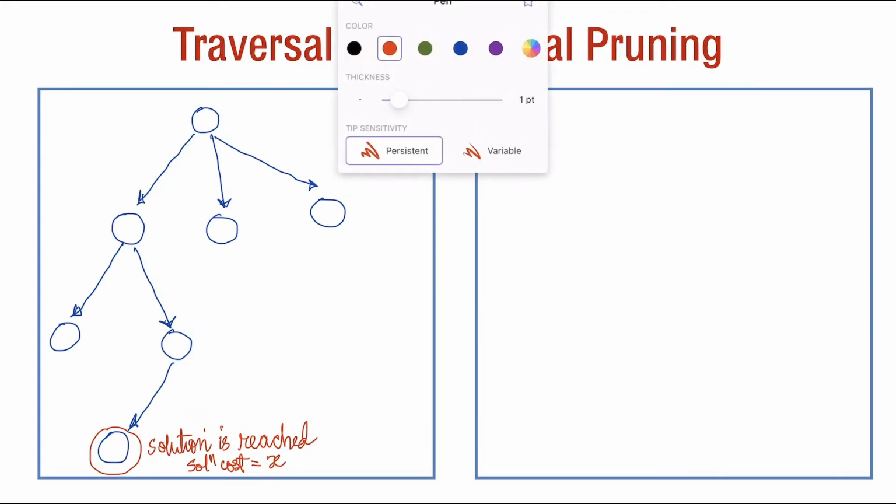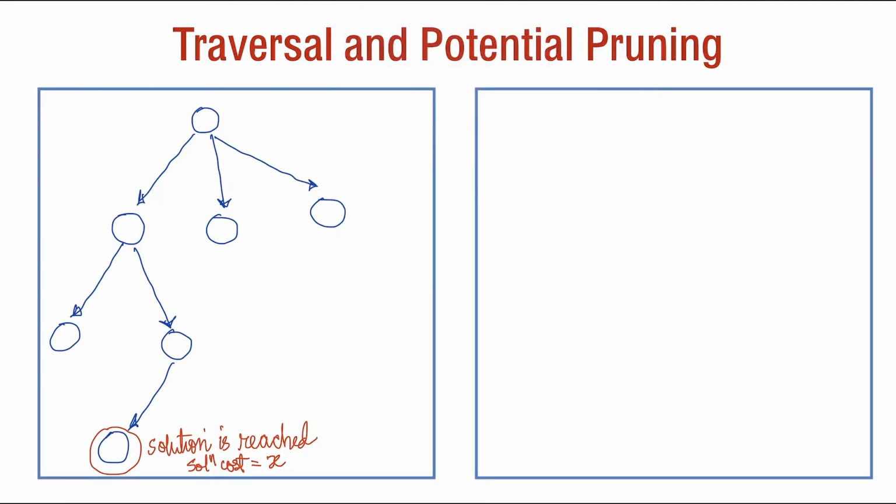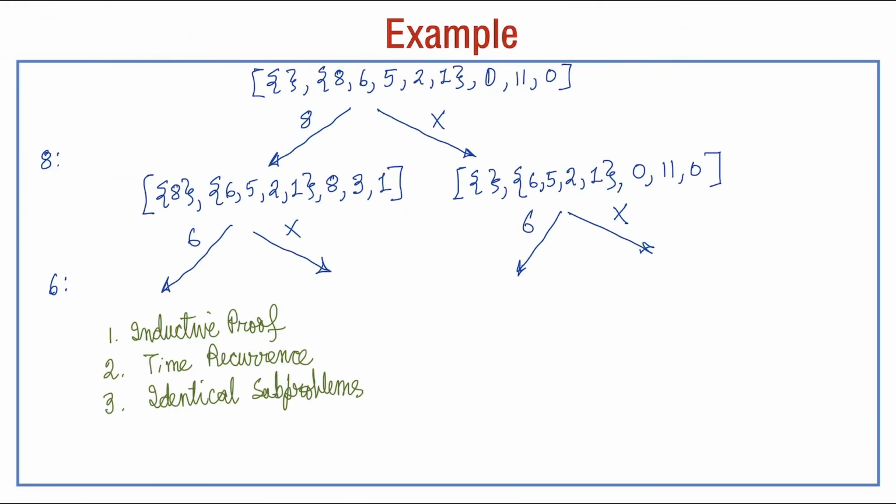Now, at any point in the subsequent search, the solution at an intermediate node, the number of coins chosen here, because that is the one which we have to minimize.